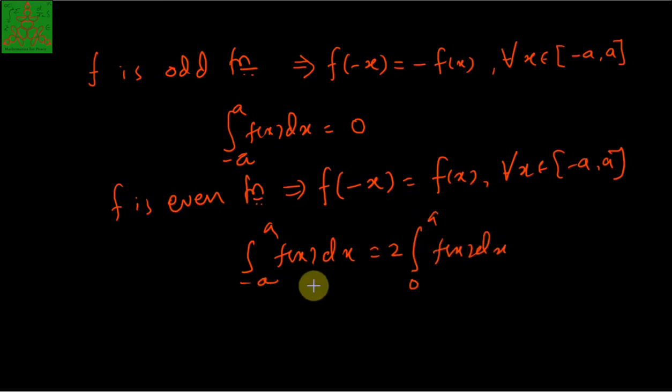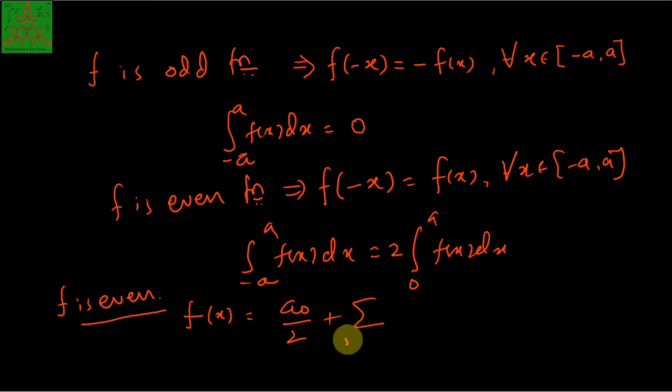Now what is the advantage of this even function and odd function? If your function f is an even function, let's say, then the Fourier series will be converted into f of x equal to a0 by 2 plus summation n running from 1 to infinity an cos nx.